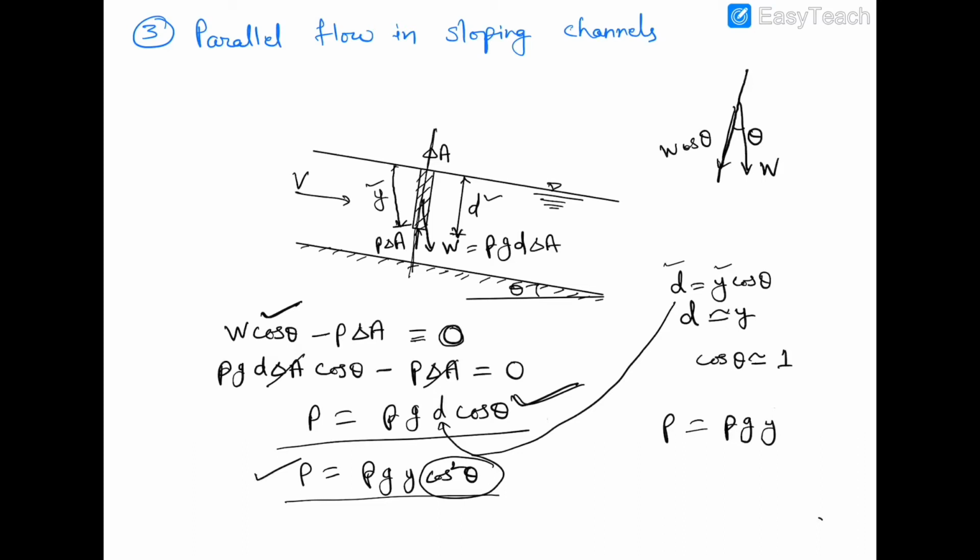Again, this is the hydrostatic pressure distribution. So ultimately the pressure distribution in open channel flow is hydrostatic, provided the bed slope is small, the velocity is uniform across the section and parallel to the bed of the channel, and acceleration in the direction of flow is 0.